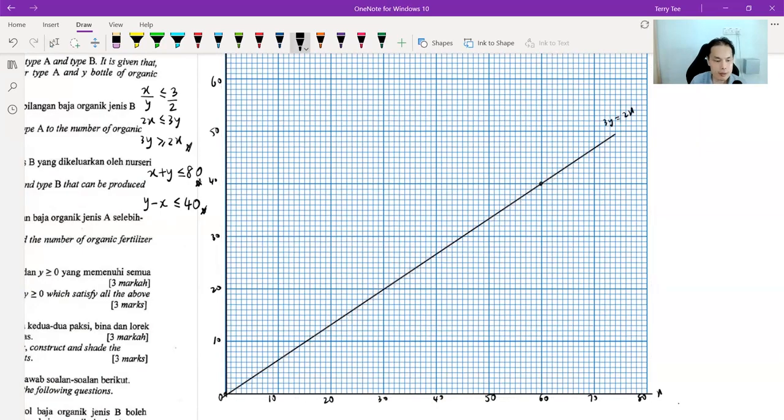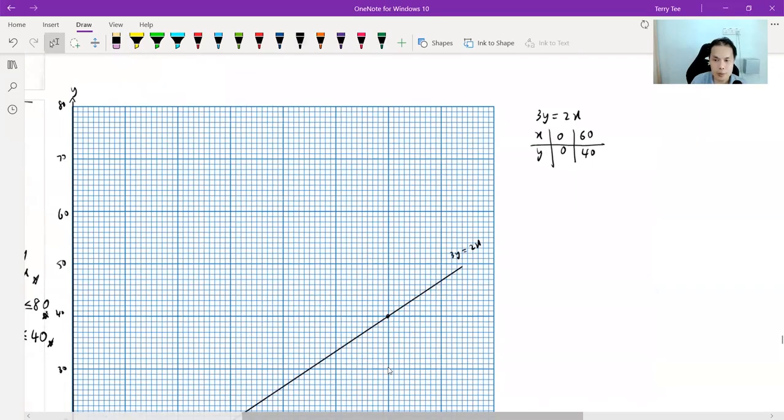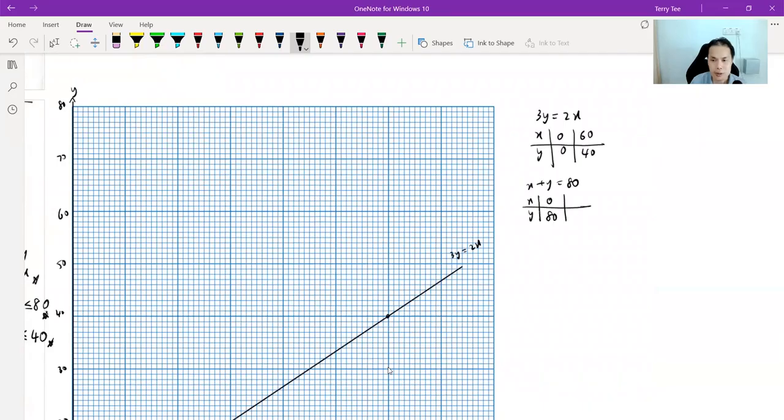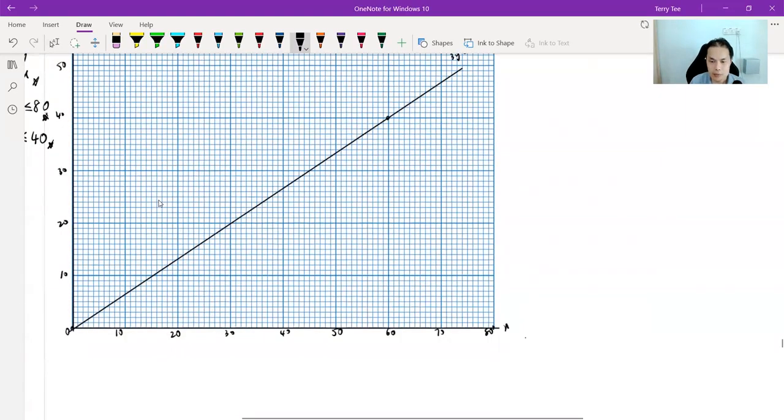The second line we're going to draw is x plus y equals 80. This is easier, because we can just use x equals 0, so y will be 80. Let y be 0, so x is 80. So the points are 0, 80 and 80, 0, over here.